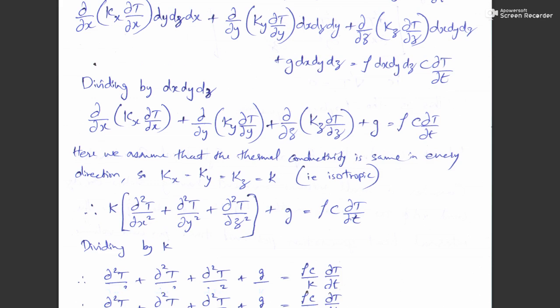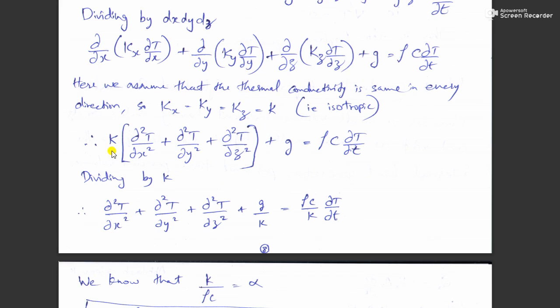Now we divide both sides of the equation by k, so the k in the numerator and the k in the denominator strike out. The equation becomes dou square T by dou x square plus dou square T by dou y square plus dou square T by dou z square plus g by k is equal to rho c by k dou T by dou t.